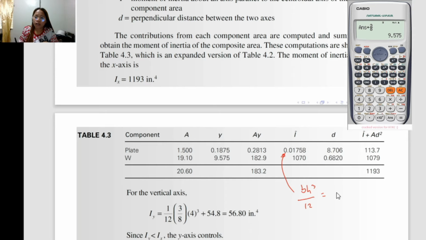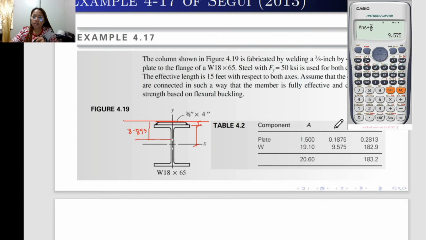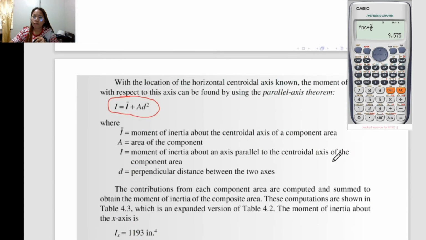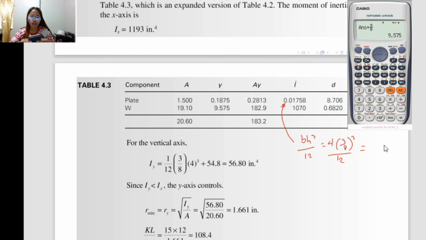But your B, with respect to X, is 4, no? 4 inches. Now, 4 inches times 3 over 8 cubed over 12. So, what is it? I won't use the calculator for that.